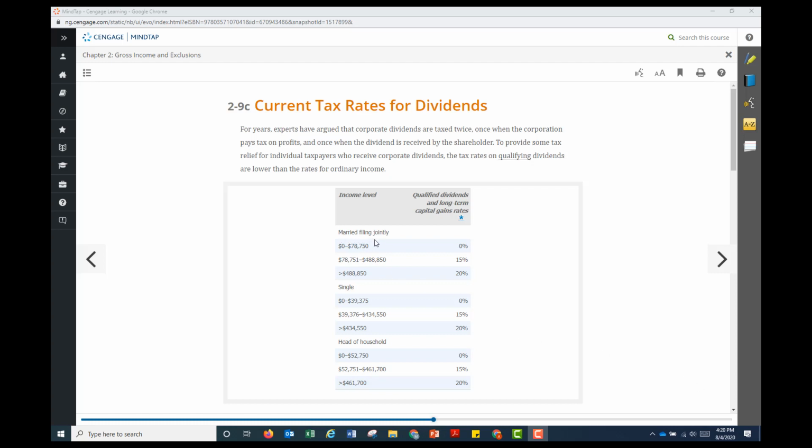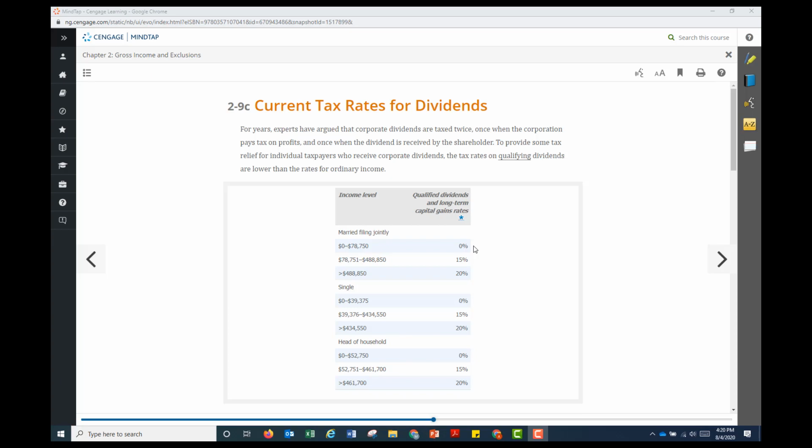Based on each filing status, for example, single, up to $39,375, qualified dividends is taxed at 0%. Head of household, up to $52,750 is 0%. And married filing jointly, up to $78,750 is 0%. So for 0% tax rate, each of these filing status have a different range of income.